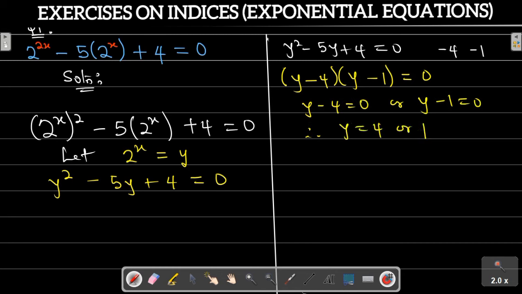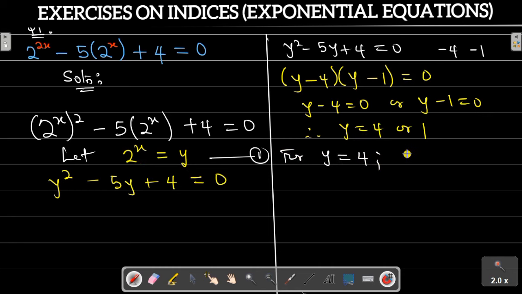Right, now we have gotten the value for y, but remember that we are not looking for y, we are actually looking for x. So we will substitute y into this equation. That means x is going to have 2 values since y has 2. So we'll go for y equal to 4.